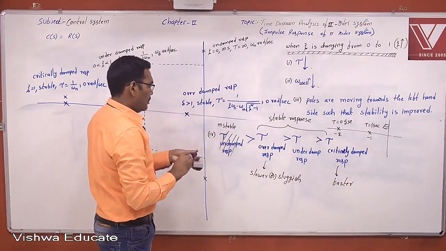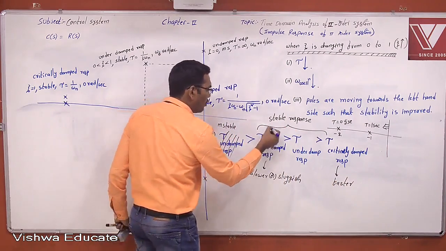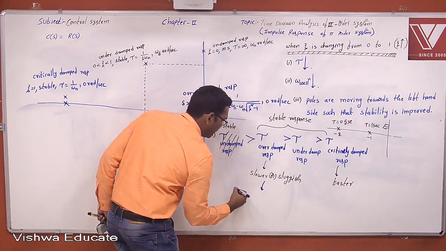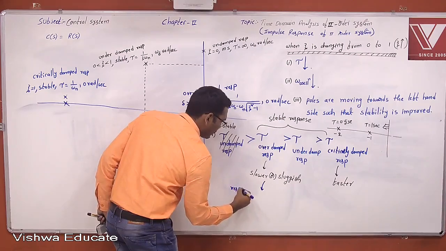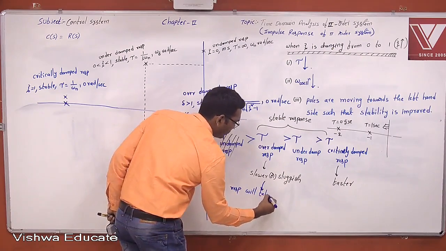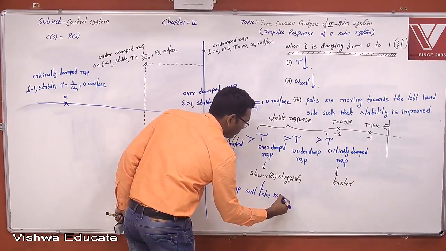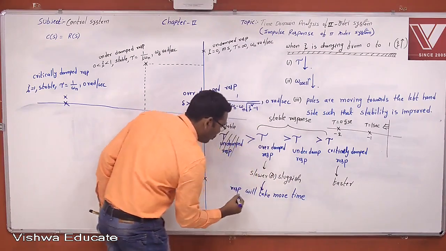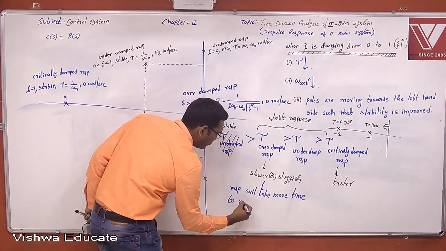So, slower means more time, the highest time constant. When the time constant is more, the response will take more time. The response will take more time to reach the final value.